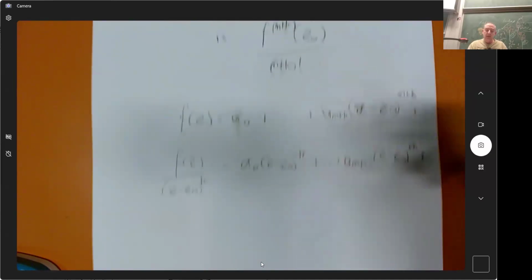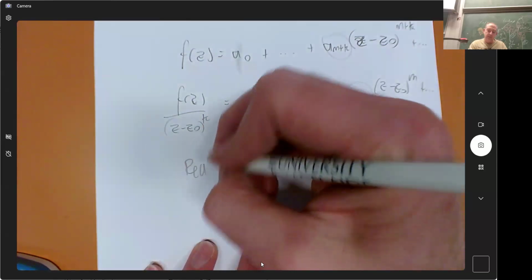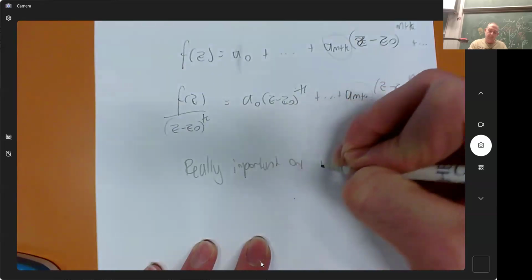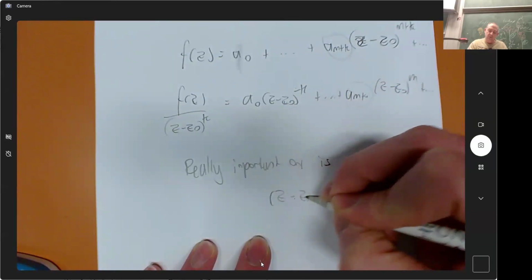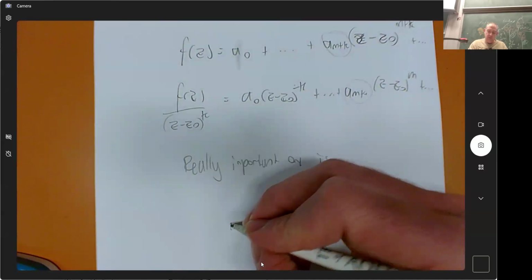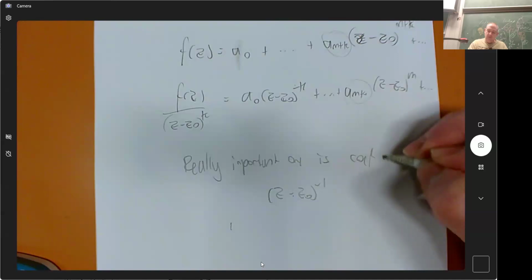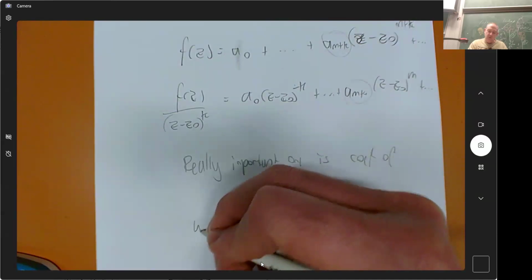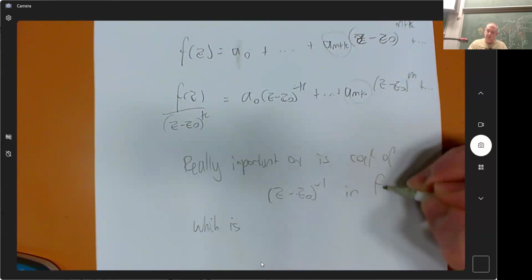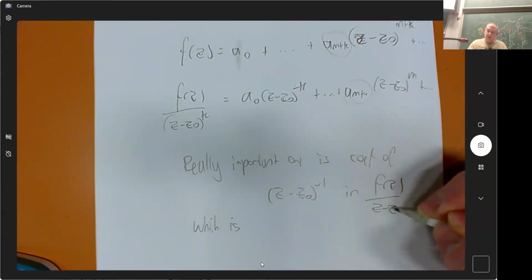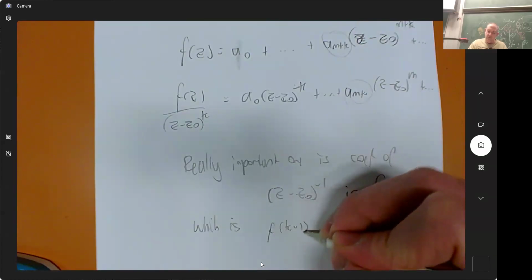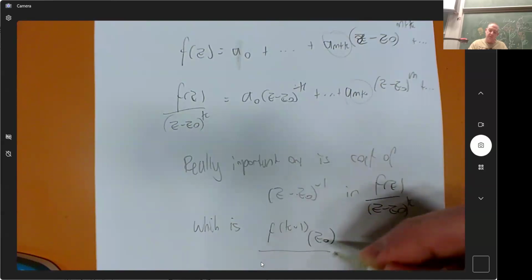But importantly, the really important one is z minus z naught to the power of -1, which is the coefficient of z minus z naught to the k, which is f of k minus 1, the k minus 1th derivative.